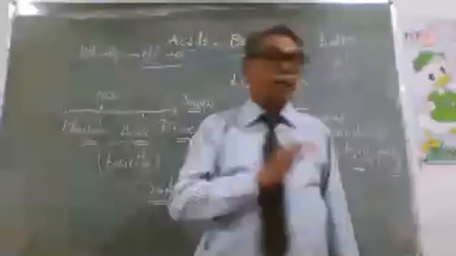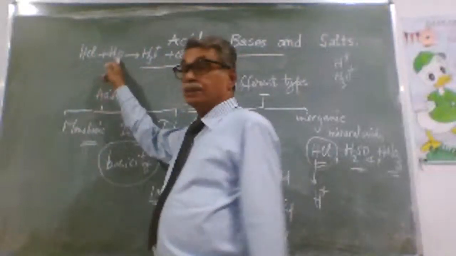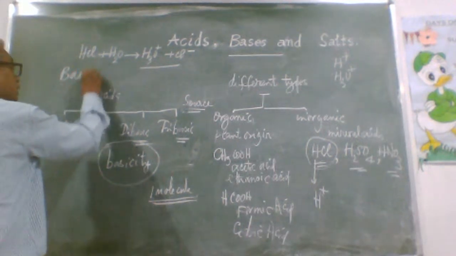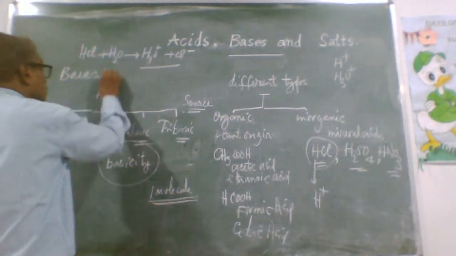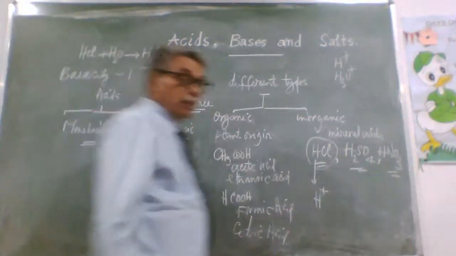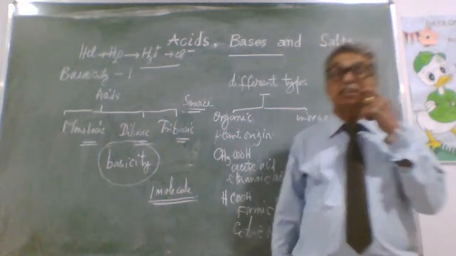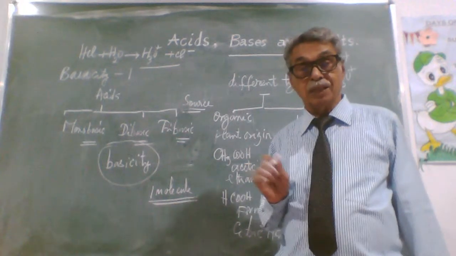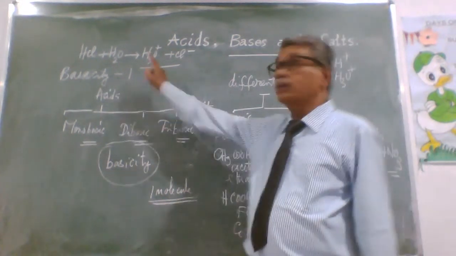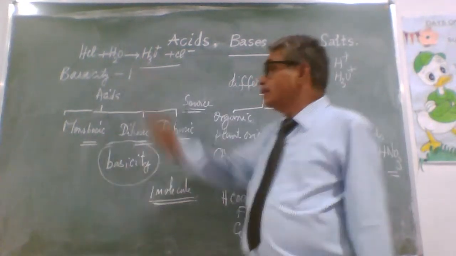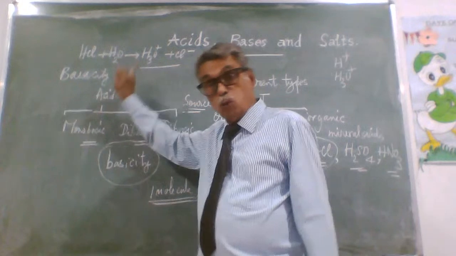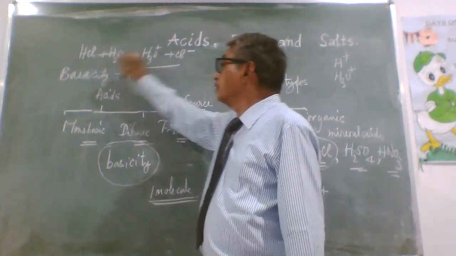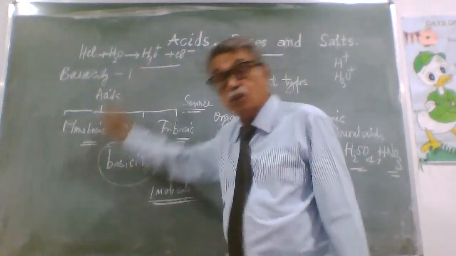Such an acid we call a monobasic acid, and we say its basicity is 1. The basicity of an acid is 1 if, when dissolved in water, it gives only one hydronium ion per molecule.